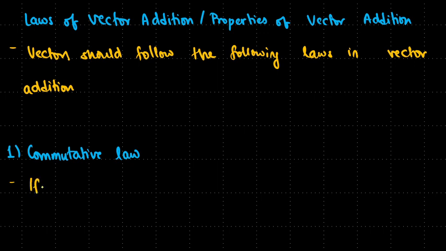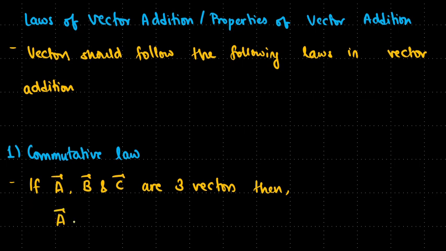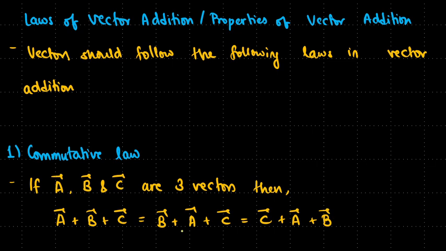If vector A, vector B, and vector C are three vectors, then vector A plus vector B plus vector C is the same as vector B plus vector A plus vector C, or vector C plus vector A plus vector B. No matter how I change the vectors, they are going to be the same.